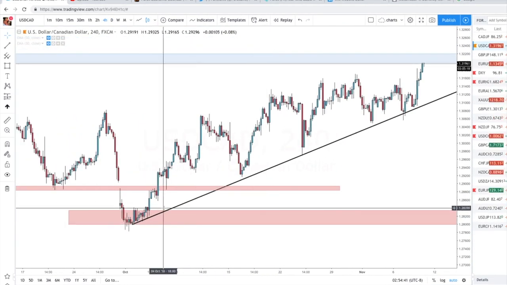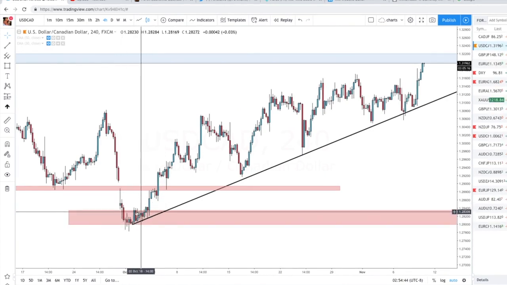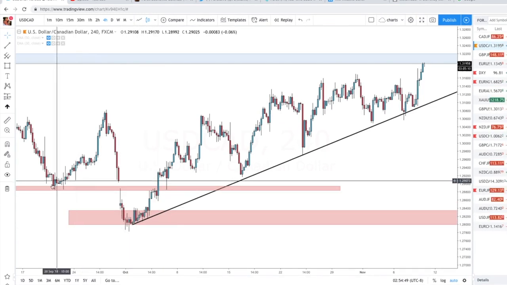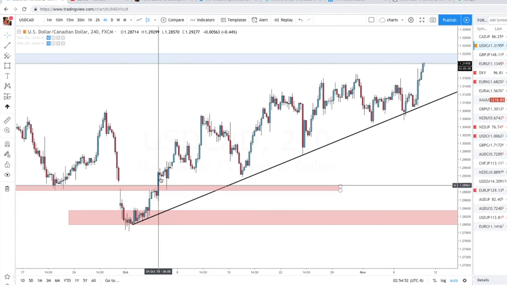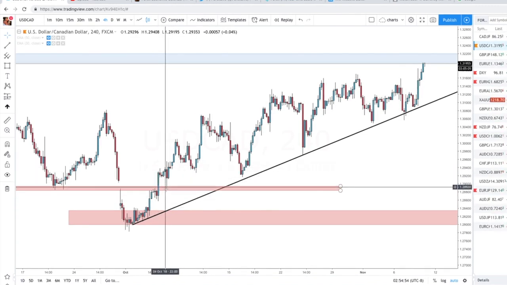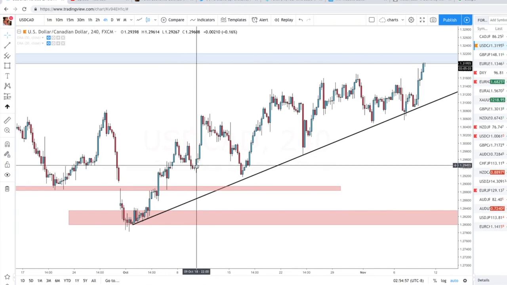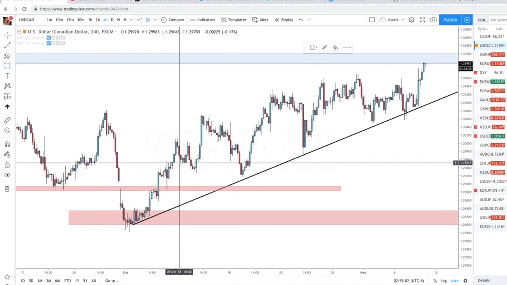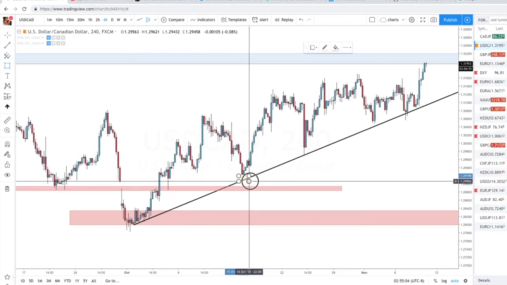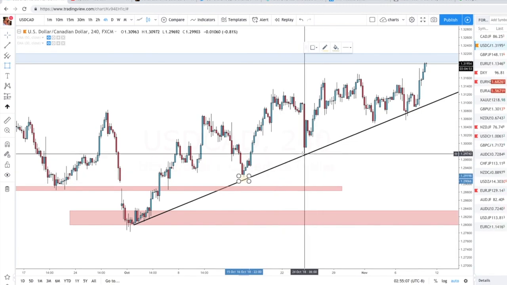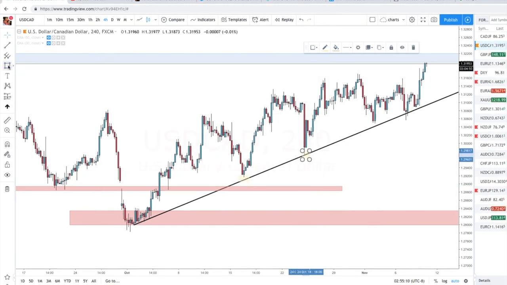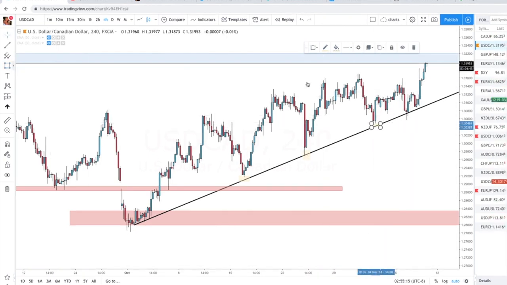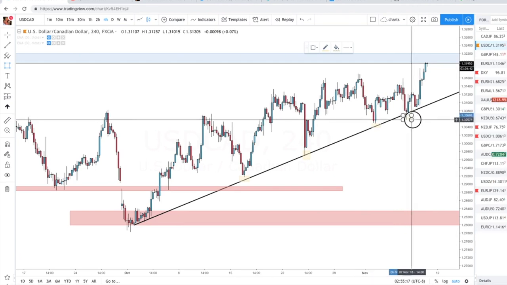Okay, so all these areas right here. So price came to a support, respected the support, shot up. This is a resistance level. It blew through with a bullish candle, came back down to retest, and continued going up, making pullbacks and impulses. So we could have taken a buy right here, right here, right here, and right here.